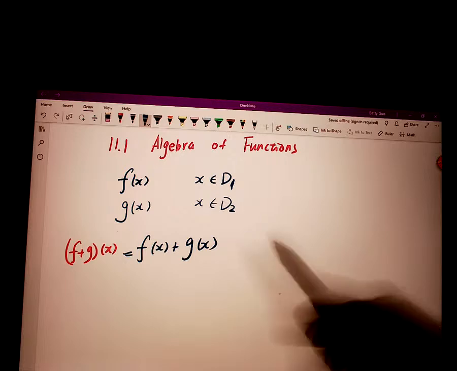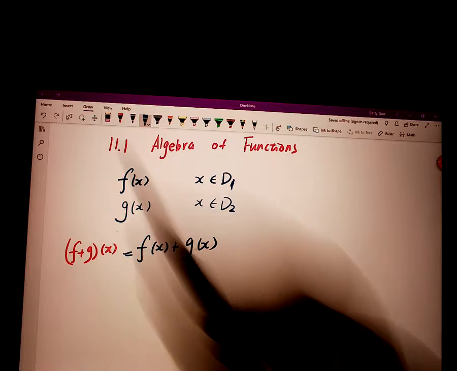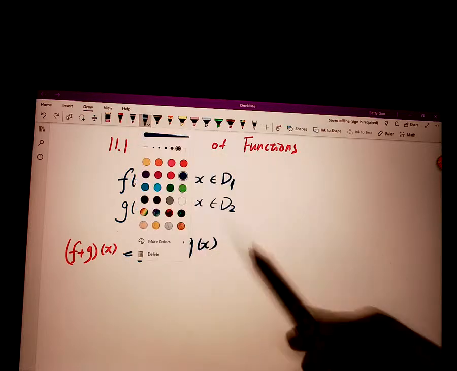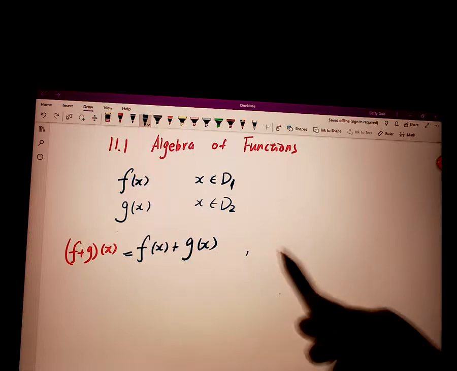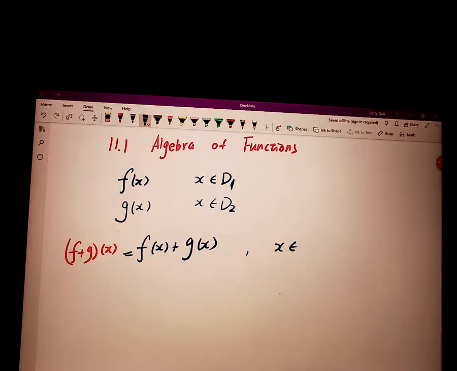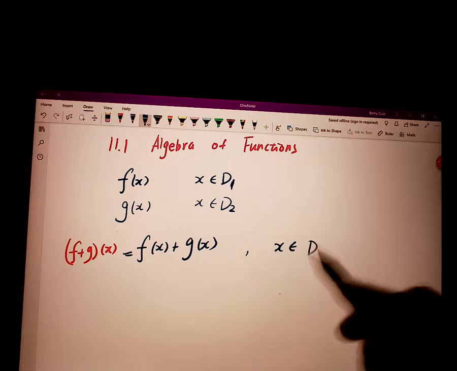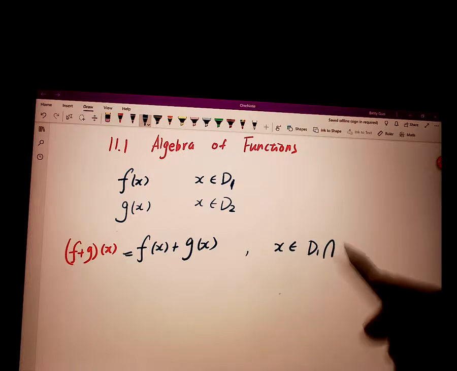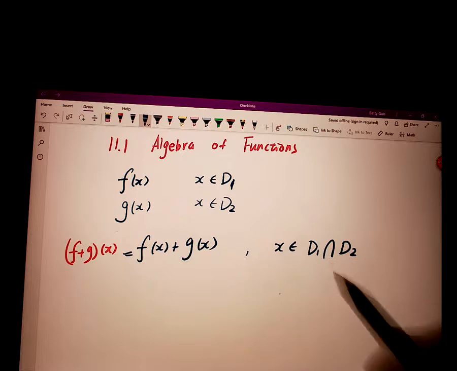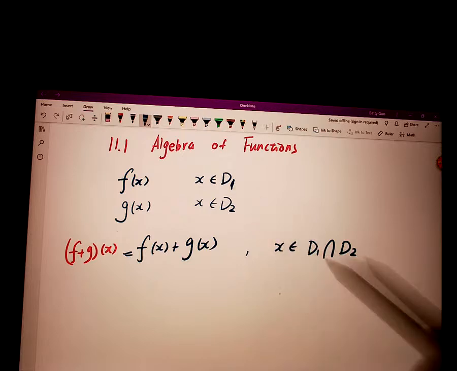And the domain of the sum function or addition function is the intersection of D1 and D2, or the overlapping part of the domain 1 and the domain 2.